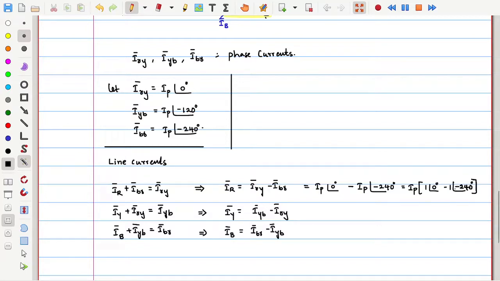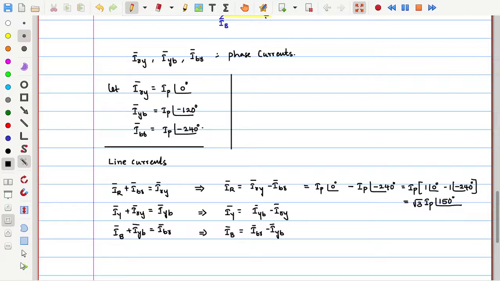If you simplify this, we will get root 3 IP at an angle of how much? I hope it is most probably 150. Just check whether that is correct or not.